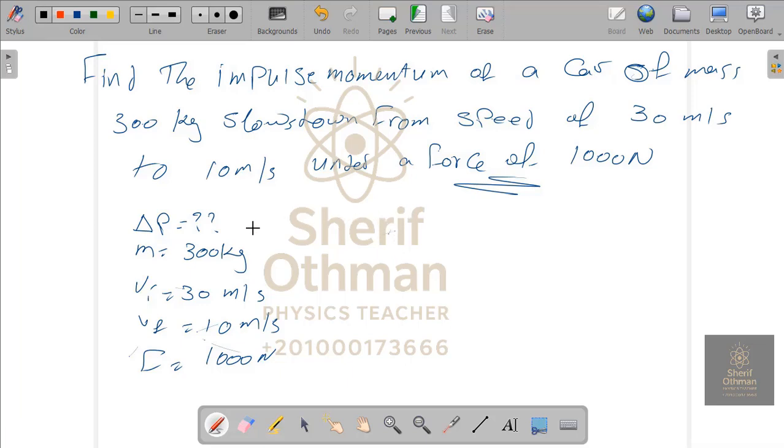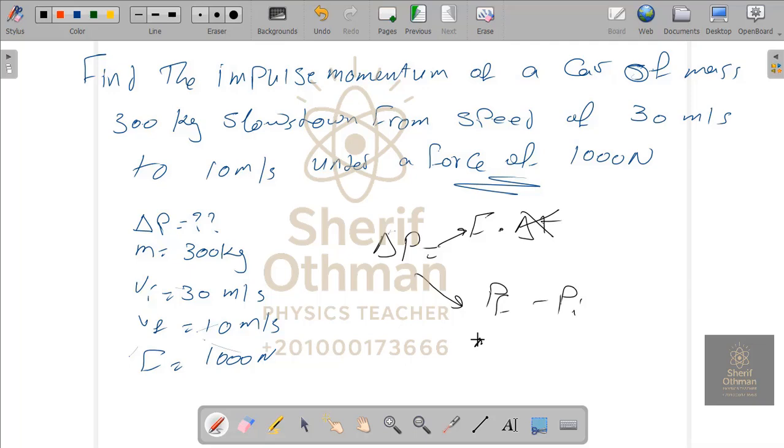The rule of momentum, we have two rules of impulse momentum. Impulse momentum is F multiplied by delta T, or the change in momentum, P final minus P initial. We don't have the change in time, so this rule is not applicable. But we have the two values of velocity, V initial and V final.